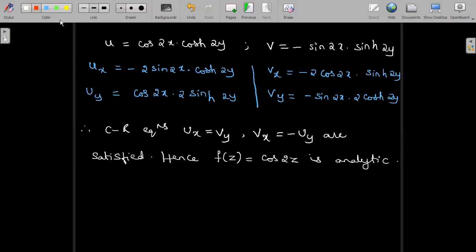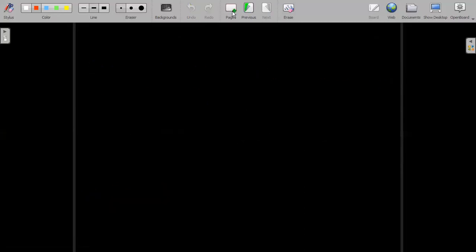Now what is our next aim? Our next aim is to find f dash of z. So to find f dash of z, we need to consider the expression for f dash of z given by ux plus i into vx. In the Cartesian representation, while deriving the CR equations, we have used the expression for f dash of z.